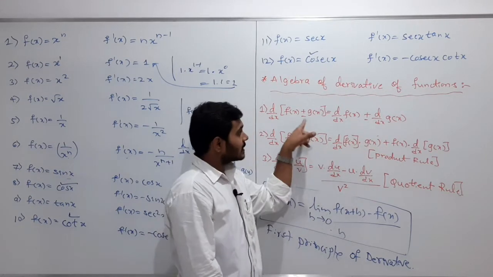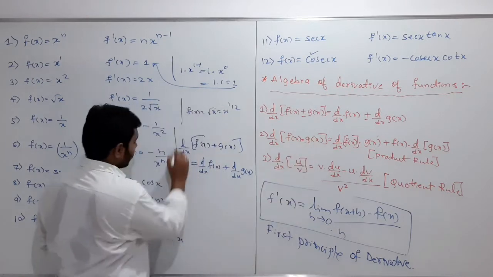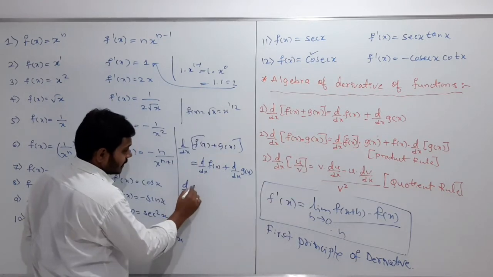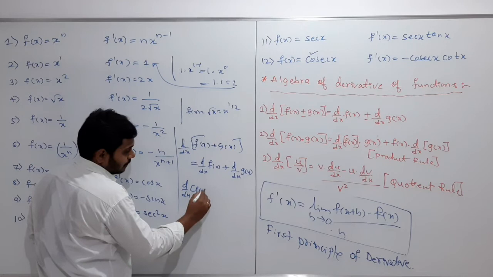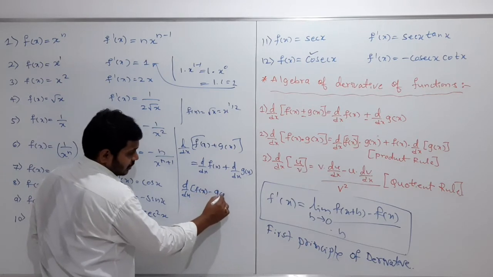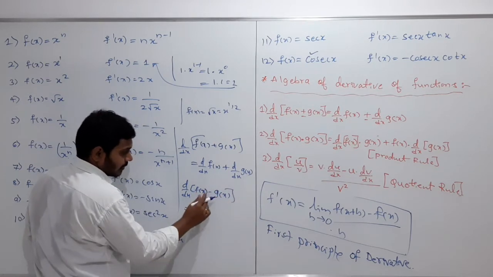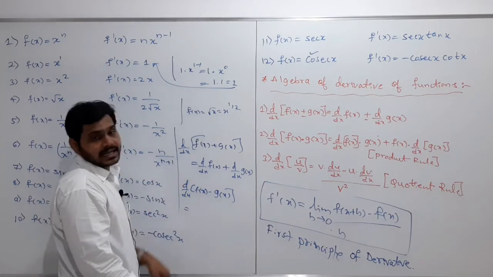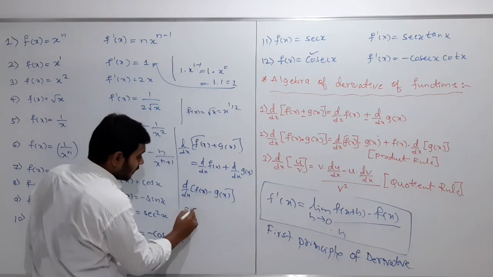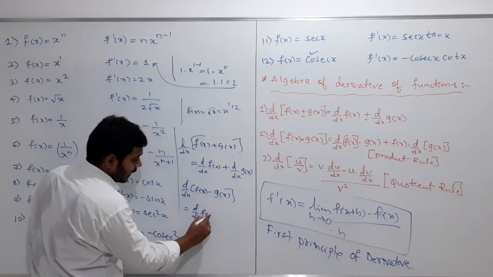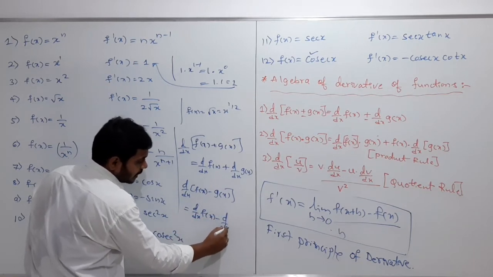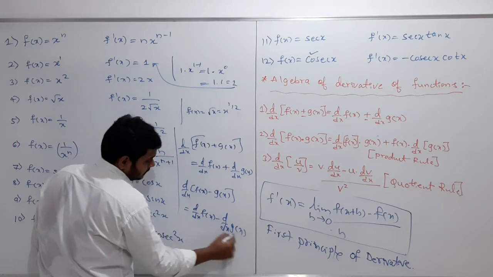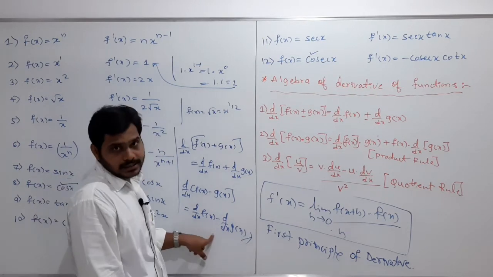Similarly for subtraction, if you wanted to calculate the derivative of f of x minus g of x, how to write? Derivative of f of x minus derivative of g of x. Like this you can write, clear.